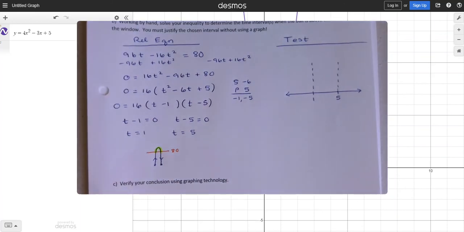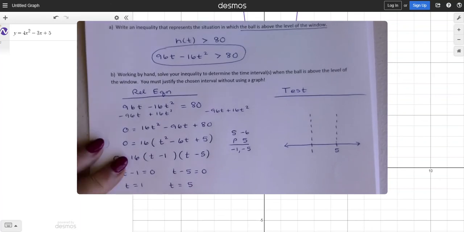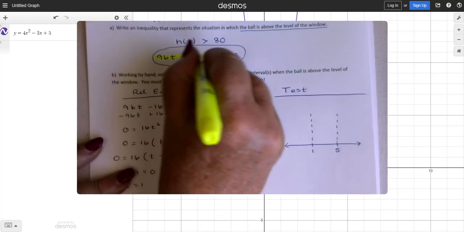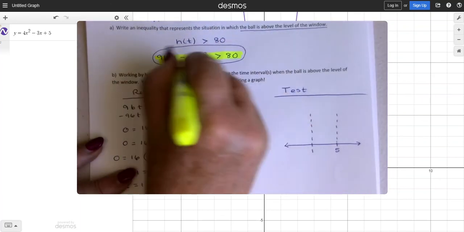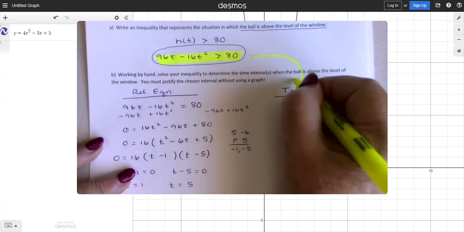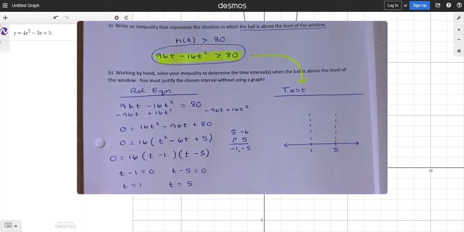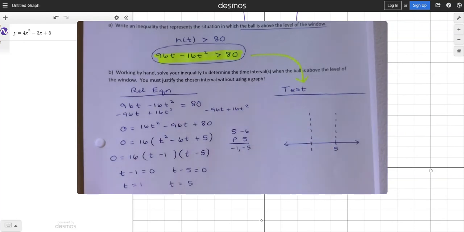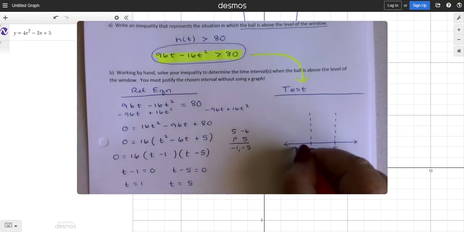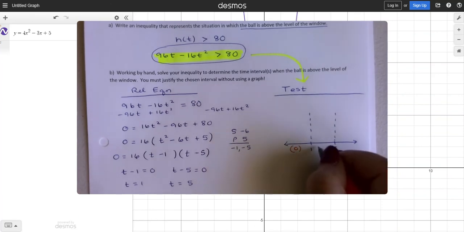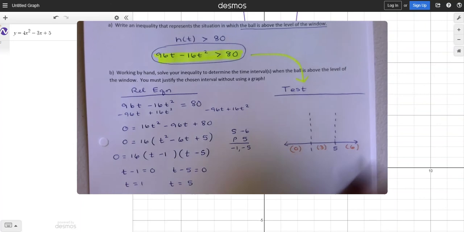What we're actually testing is the inequality that we wrote up here. We want to decide whether that's true or false for a test value within each interval. So I'm going to test 0, I'm going to test 3, and I'll test 6.